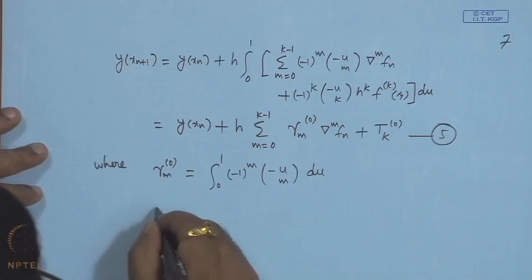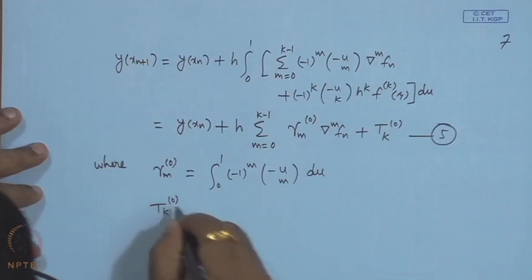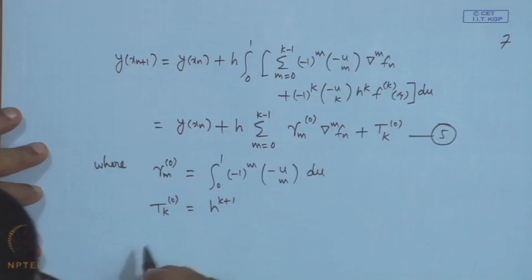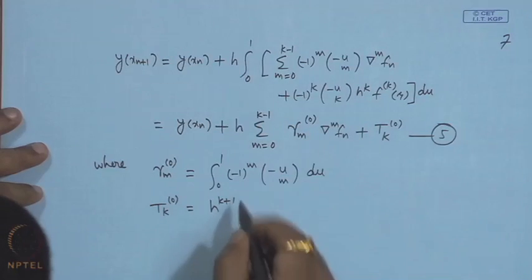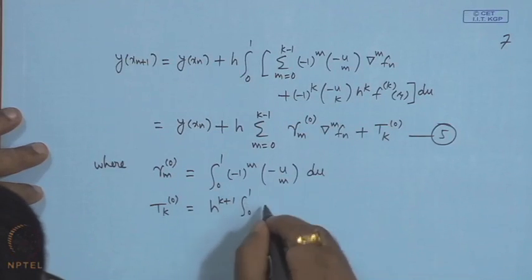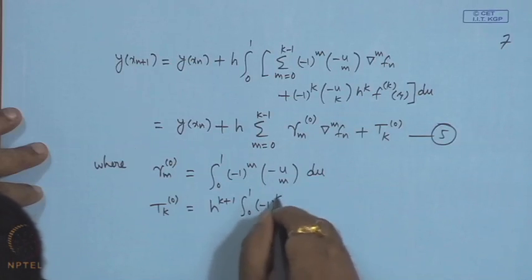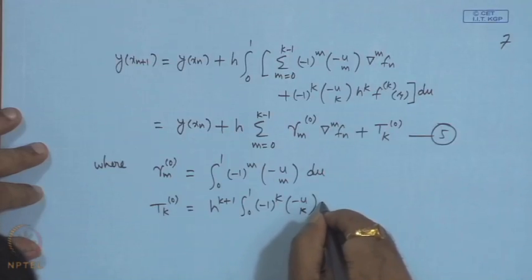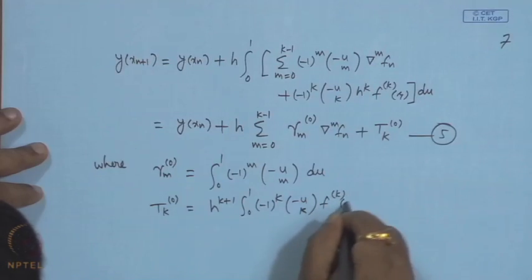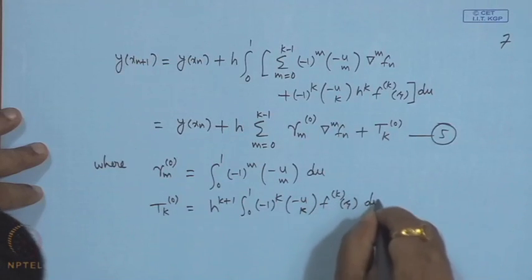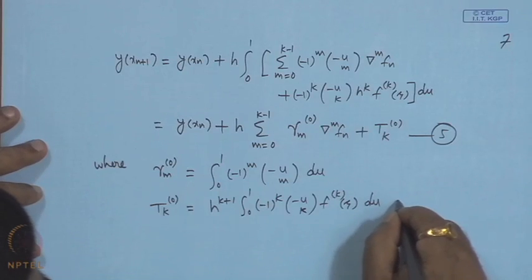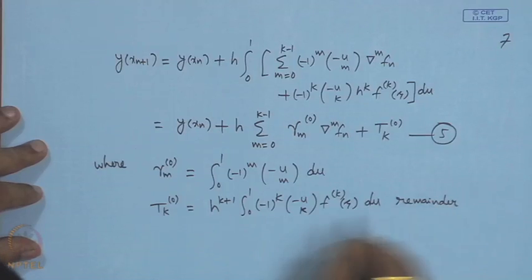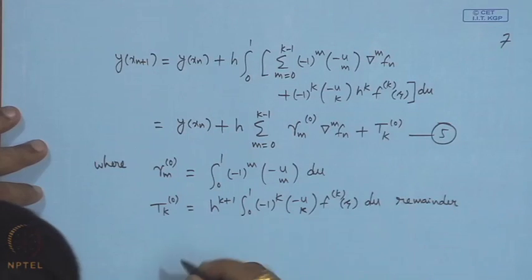So, where this and this h, because h power k and there is one h power k plus 1, so this is the remainder.